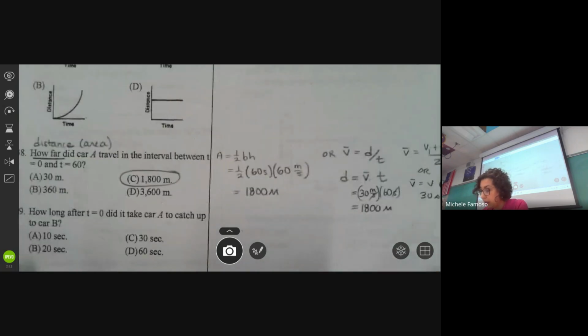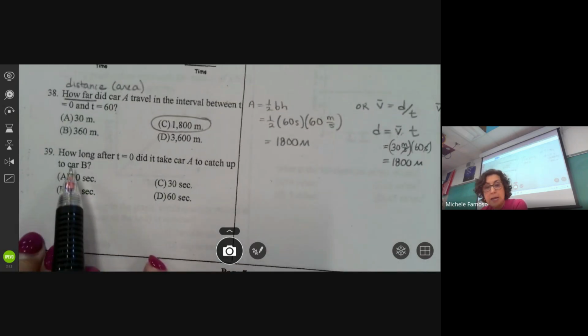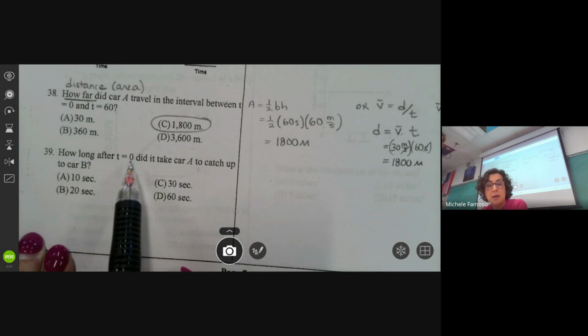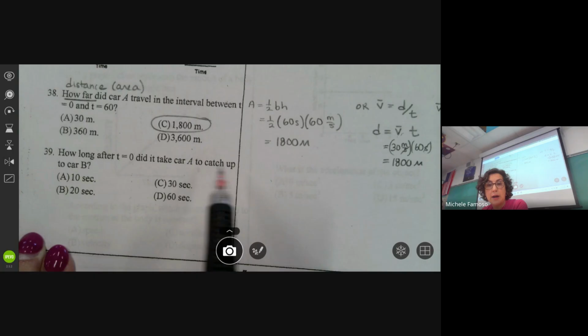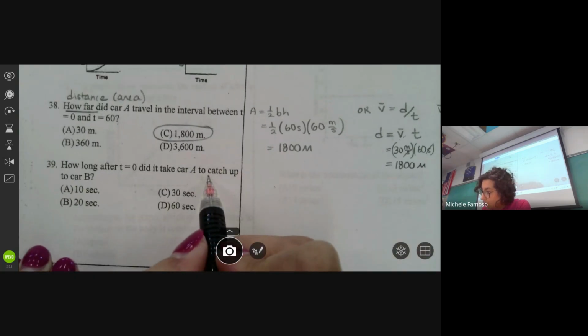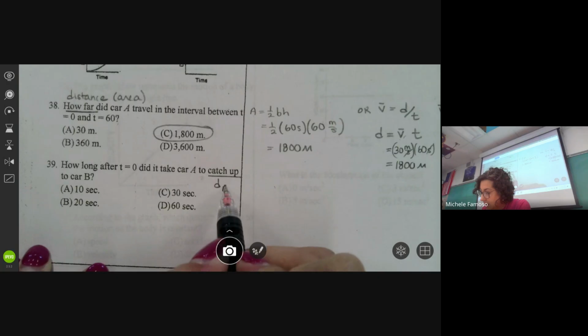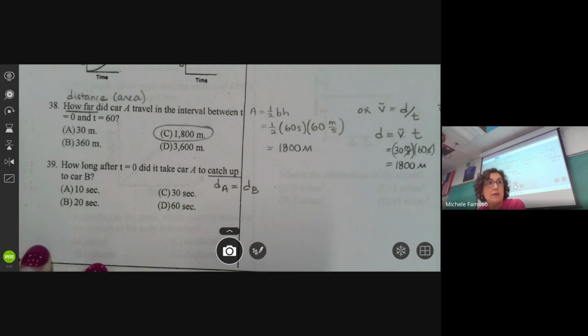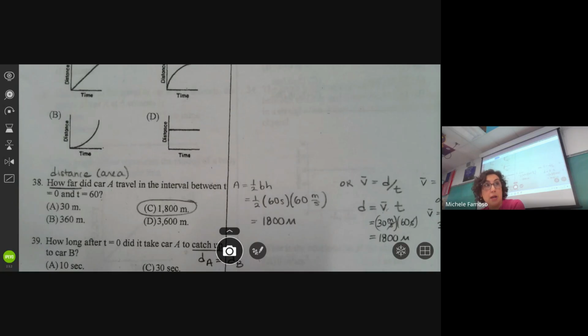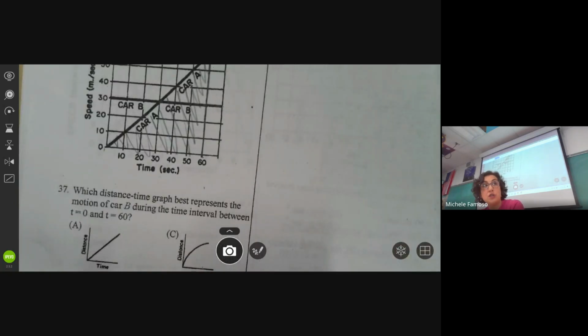Okay, either way. Now, number 39 asks us, how long after time 0 does it take car A to catch up to car B? When the two cars catch up, it means that the distance traveled by A is equal to the distance traveled by B. So if I think about that area idea, I can do this visually.